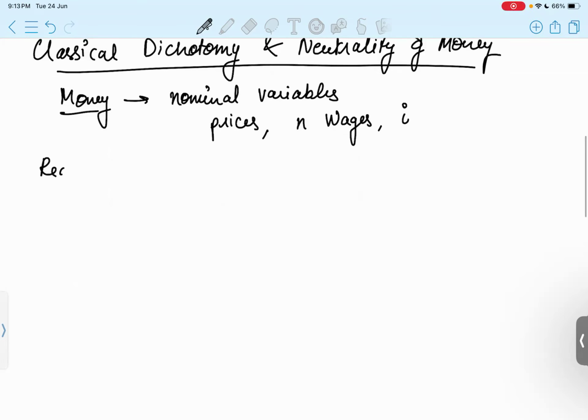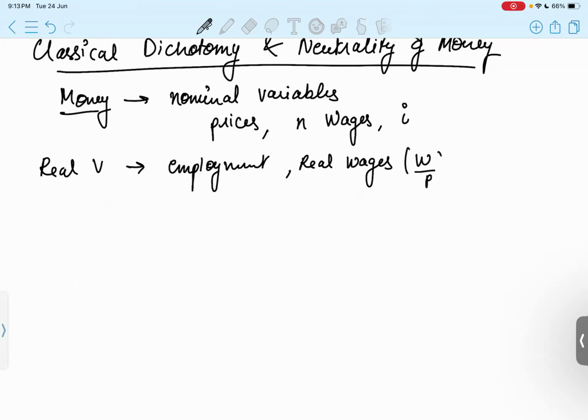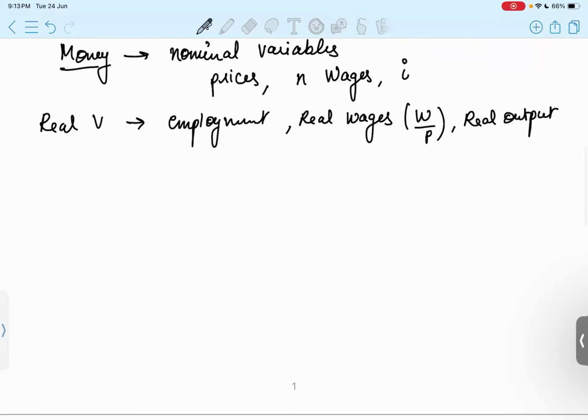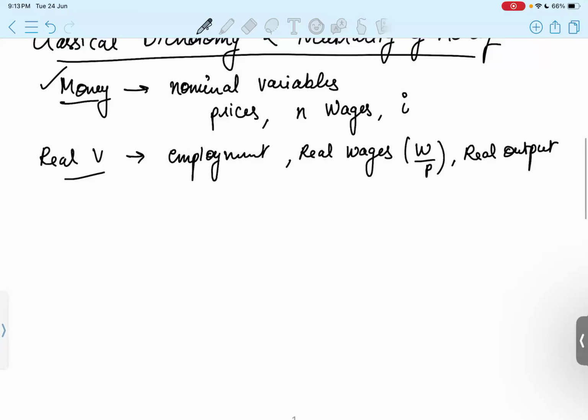And real variables include employment, then real wages, which are written as W divided by the price level, and, for example, another would be real output or real income. And if these real variables are not being impacted by the quantity of money in the economy, then what is impacting them?